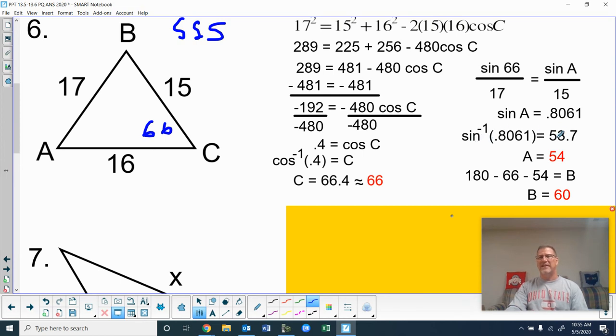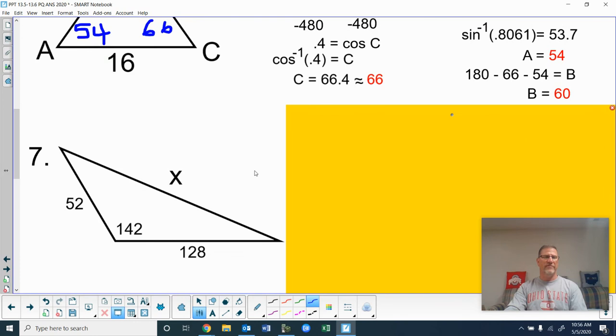Second sine, second answer gives me 53.7 degrees, which is rounded to 54. And then 180 minus 66 minus 54 gives me angle B is 60. And that works out. The smallest angle is opposite the shortest side, the middle angle is opposite the middle side, and the largest angle is opposite the longest side. Okay, so we're doing things correctly.